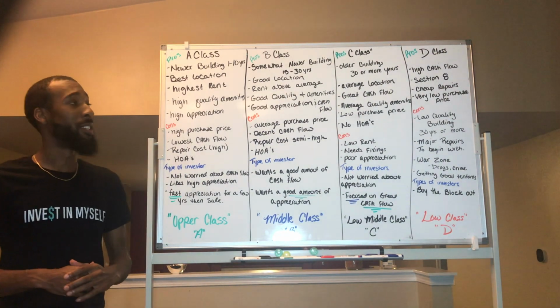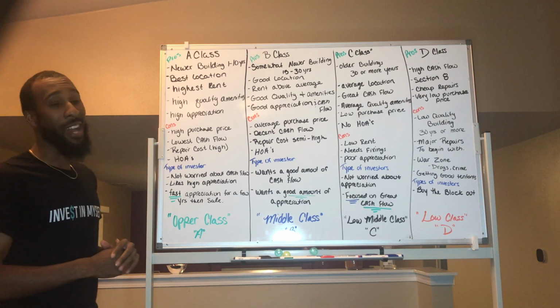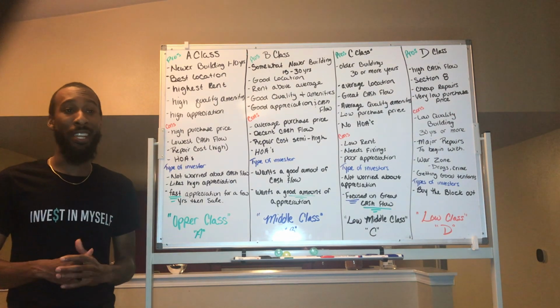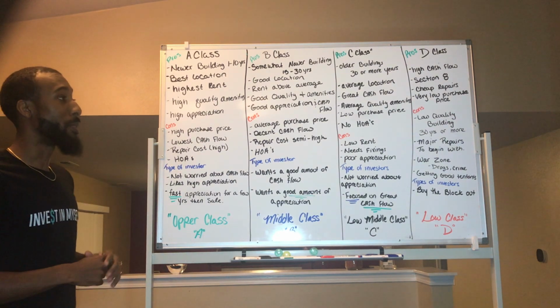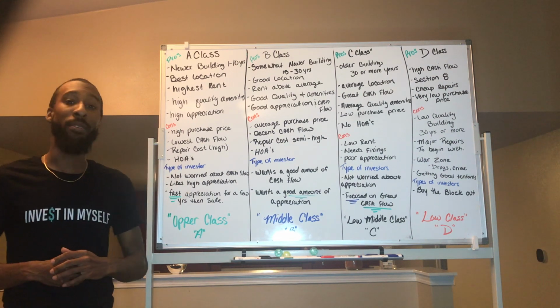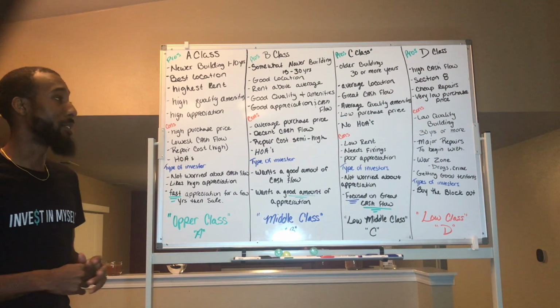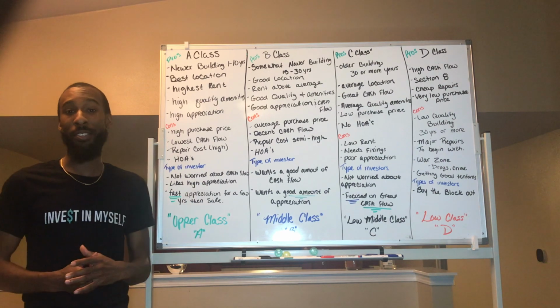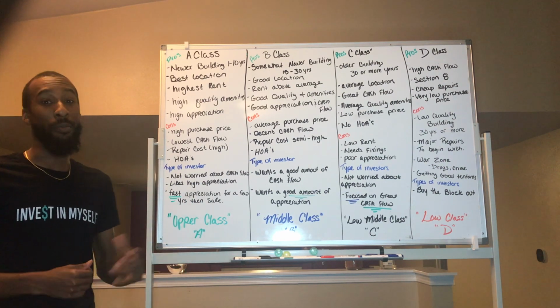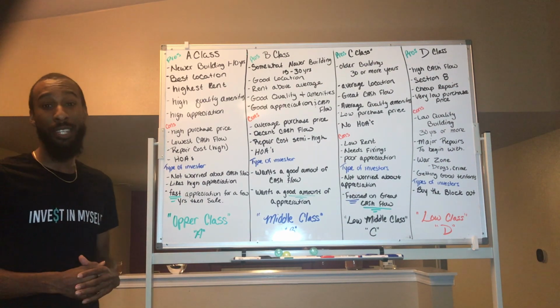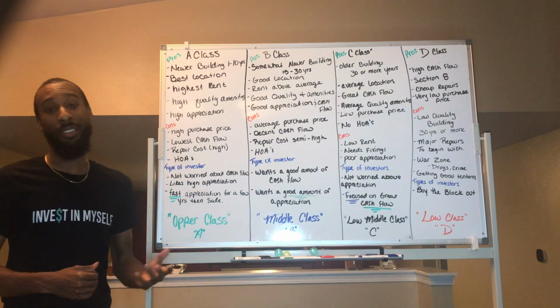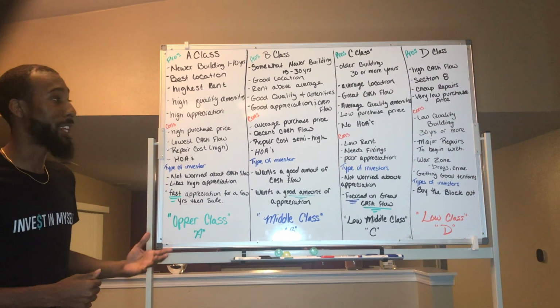Another pro is you're probably looking at a lot of assisted Section 8 individuals in these type of houses. So you're looking at the government actually paying you the rent. So it's guaranteed to get there on the first. So that is a pro for a D-class property.